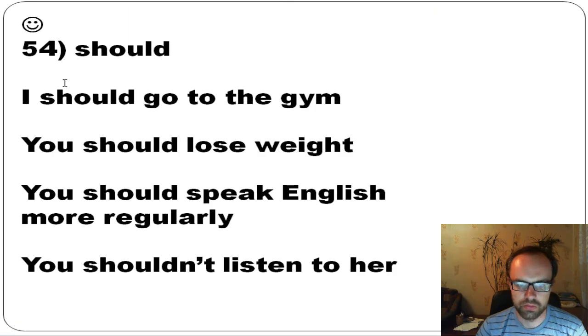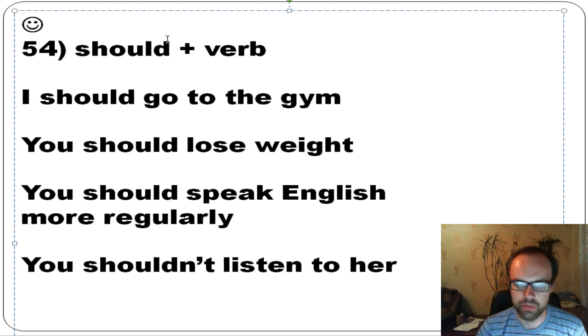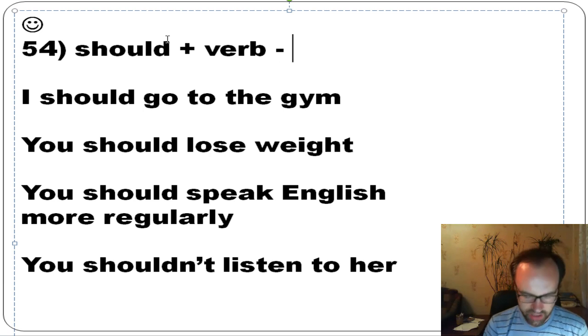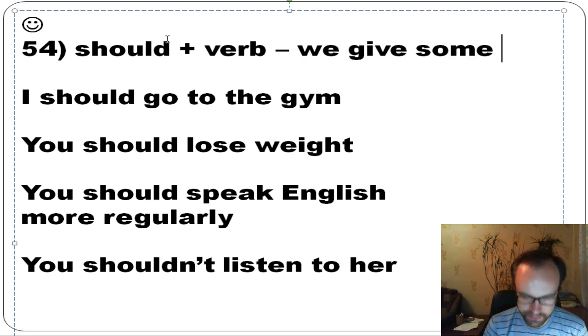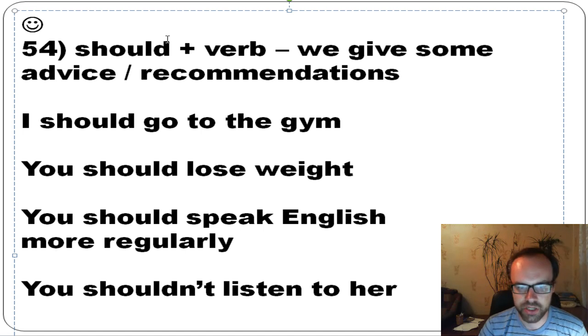Okay, should. So we also use should plus verb. We use it when we give some advice, or we give some recommendations. So I can say I should go to the gym. It means it's a good idea for me to do it.